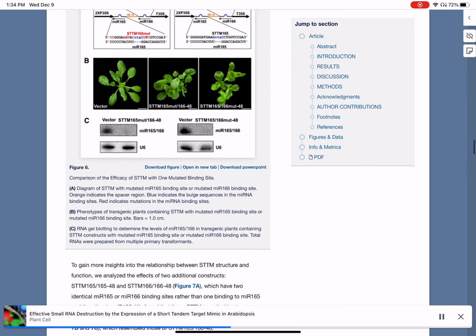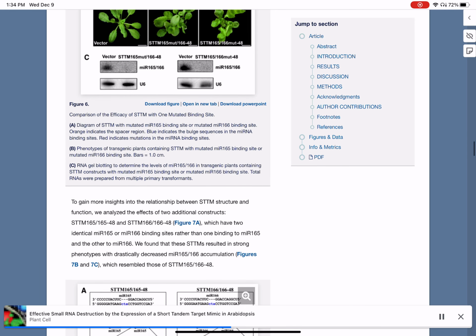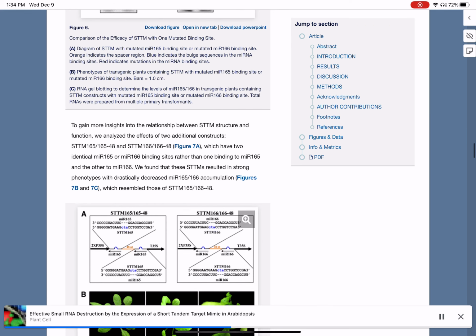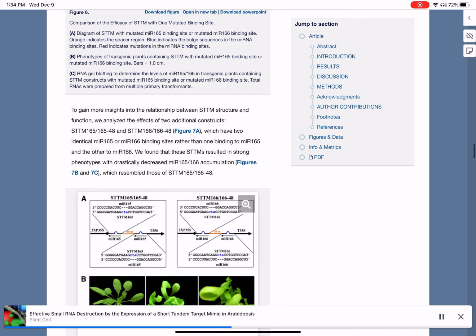To gain more insights into the relationship between STTM structure and function, we analyzed the effects of two additional constructs, STTM 165-165-48 and STTM 166-166-48, Figure 7a, which have two identical miR-165 or miR-166 binding sites rather than one binding to miR-165 and the other to miR-166.